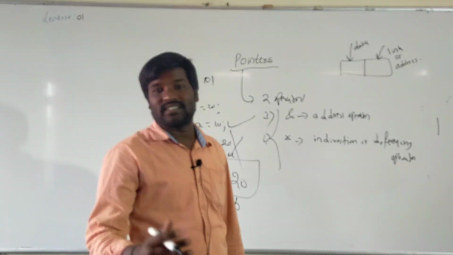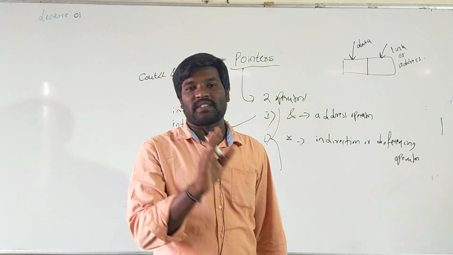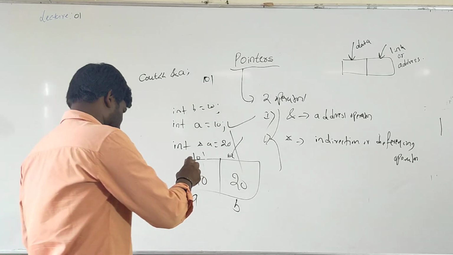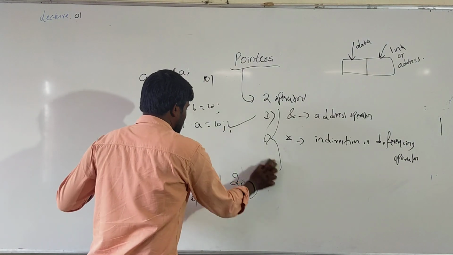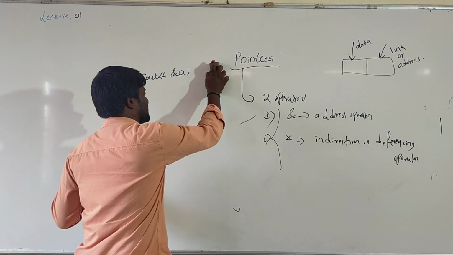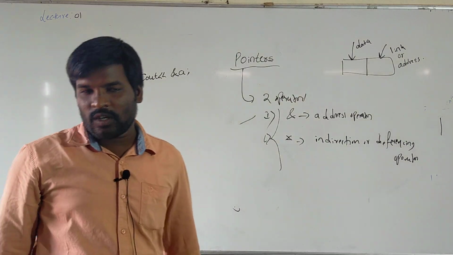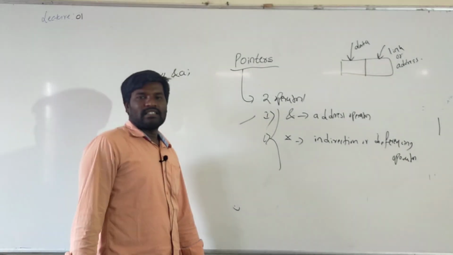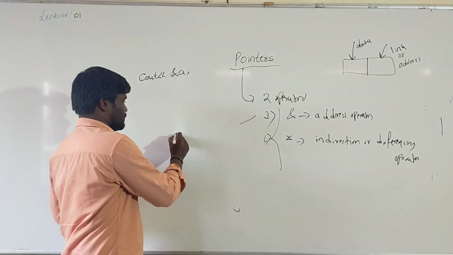With the help of addresses, we can assign. After that, we can get the value. Okay. See here. That is nothing but the initialization of pointers. Assigning the normal variable's address to the pointer variable is nothing but the initialization of pointer variables.